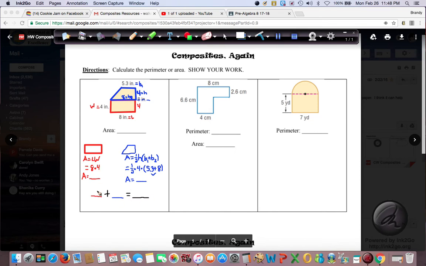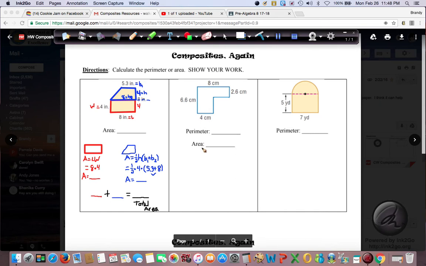Okay, so you're going to take the area of your rectangle plus the area of your trapezoid, and you will find your total area. So you can go ahead and pause the video here and do the math. Okay? All right, moving on to the second one.